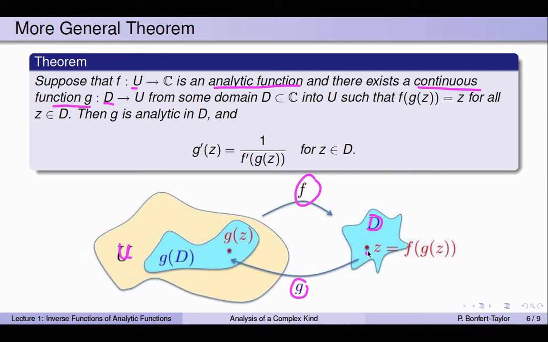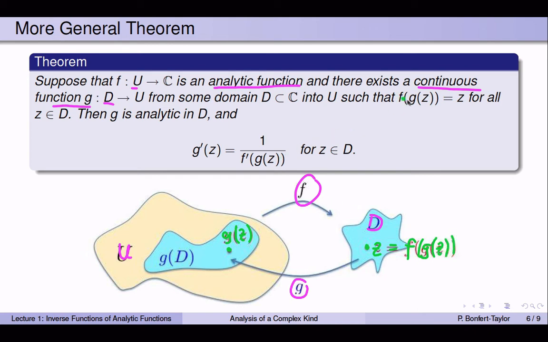Such that if I start with a point z over here, follow it with g to g of z, and then apply the f that was defined on all of u, so in particular at this point, I end up where I started, f of g of z.